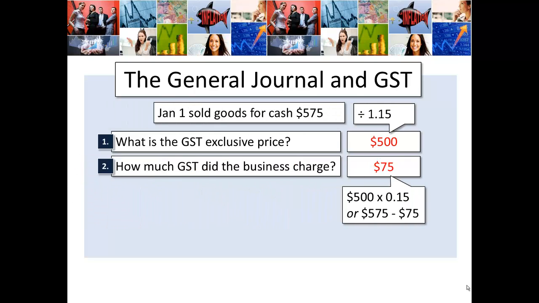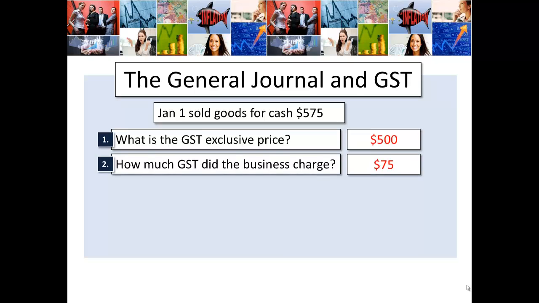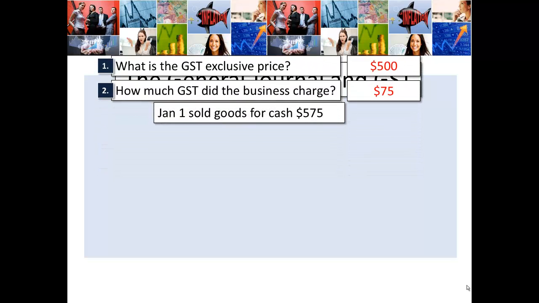If we divide 575 by 1.15, our magical figure, the GST exclusive price is 500, which means that $75 GST must have been charged on that. We can work that out by 500 times 0.15, or just the difference between the two, 575 minus 500.